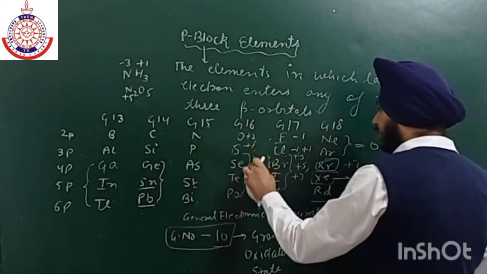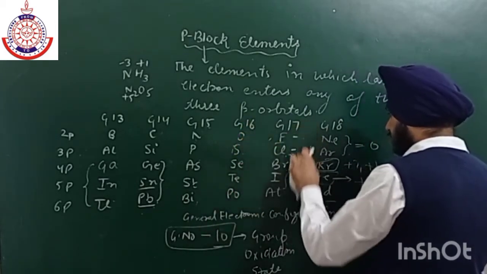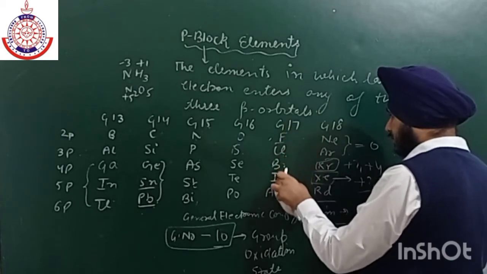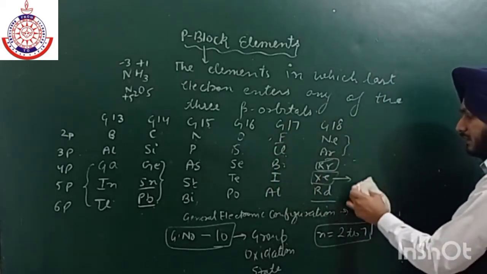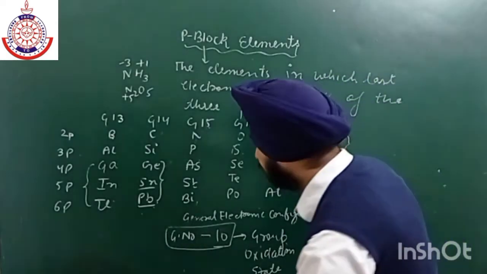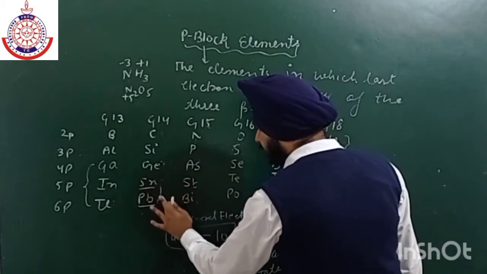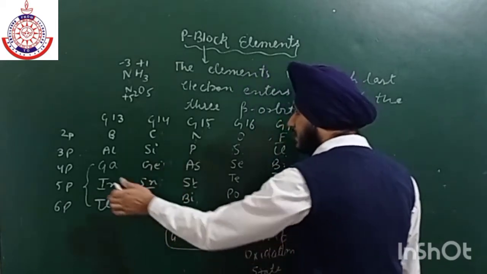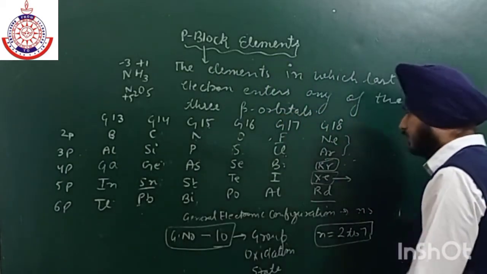So let me rub it off. Okay, so now these are the elements. Now if we talk about their nature, out of these, which element is metal and which is non-metal.